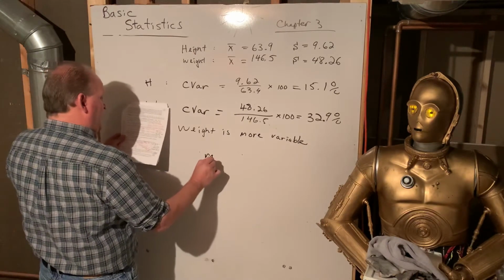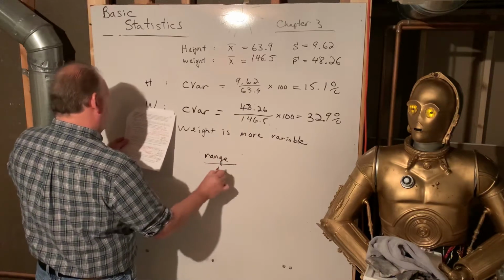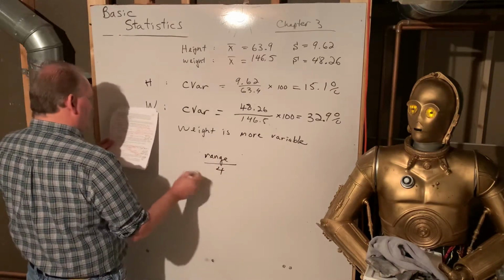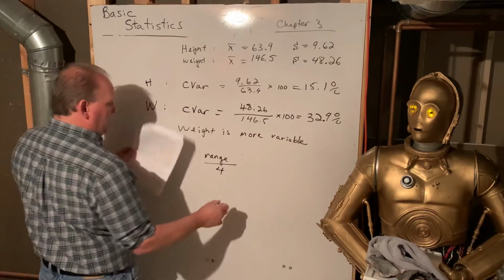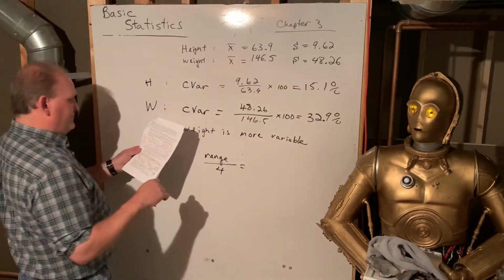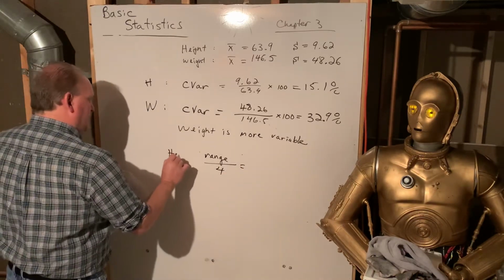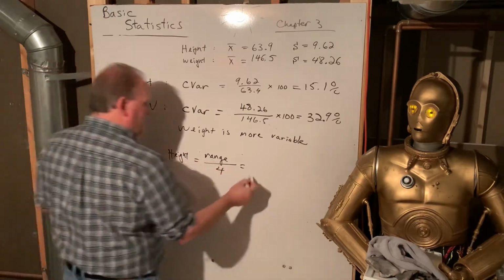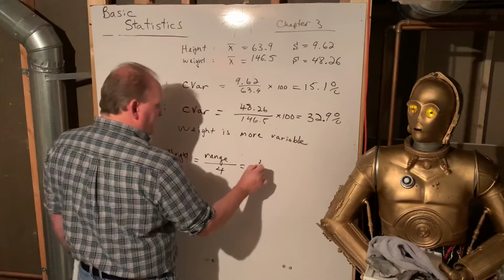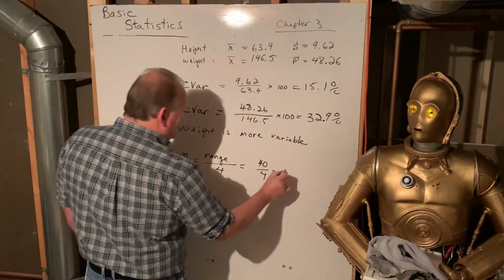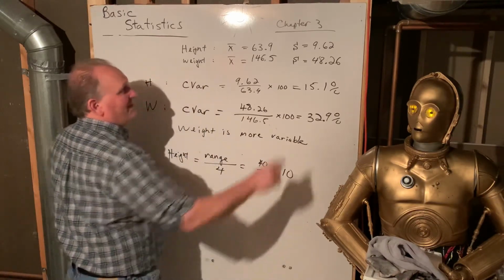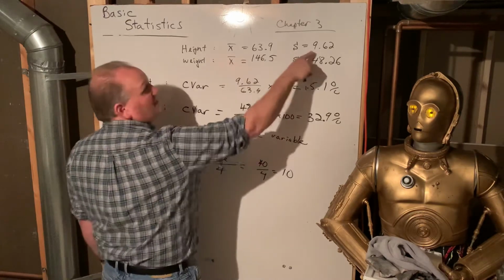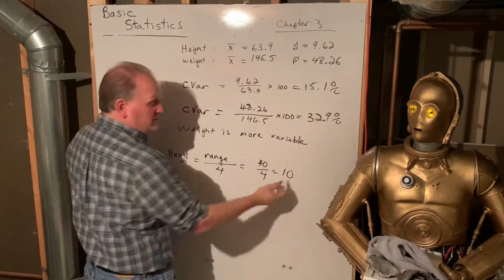So if you take the range and divide it by 4, that'll give you an approximation for it. So on height, for the data above here, if we take the range and divide it by 4, that's 40 divided by 4. That's 10. And we did find the standard deviation of height to be 9.62, which is pretty close to 10.